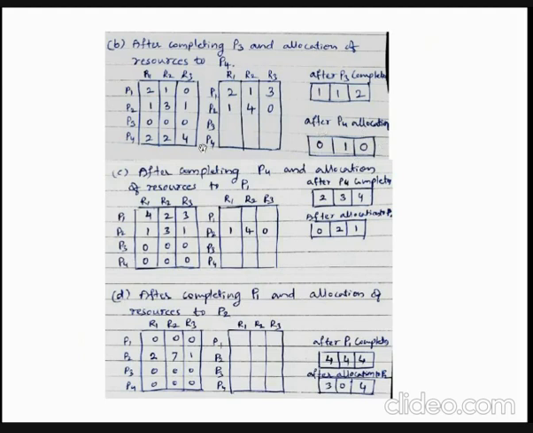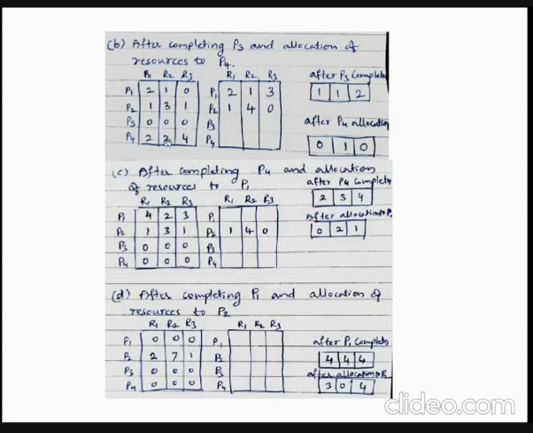Okay, next, after this, again we have to decide which process will be able to complete its execution. Now, what we assumed in step B was that P4 will complete its execution. Once P4 completes its execution, its allocated resources 2, 1, 4 will be added with the existing resources, right?